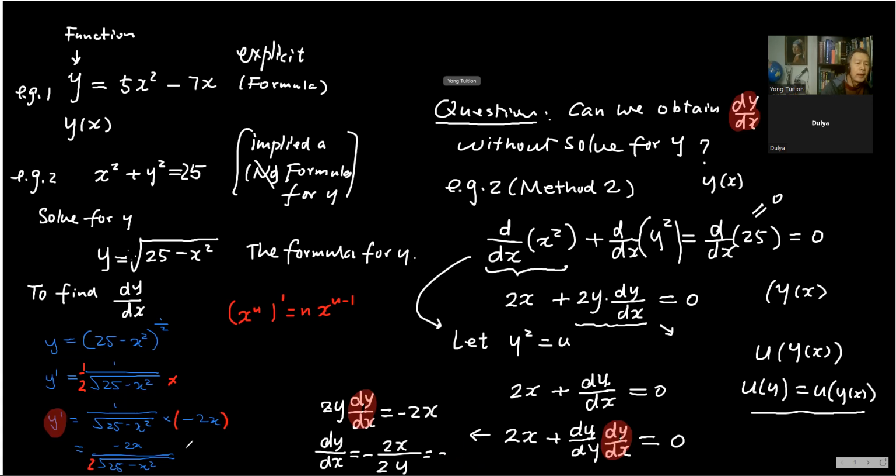So we can directly rewrite this a little bit. That is just negative x divided by y. You see, which is identical to this result. So that is the method you're asking for today. Can you follow me?